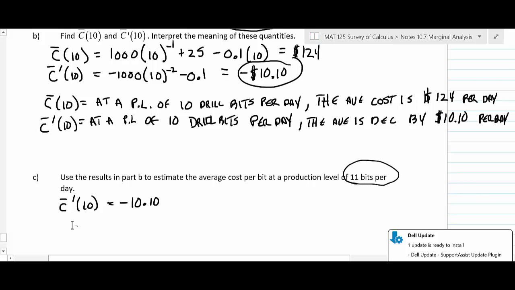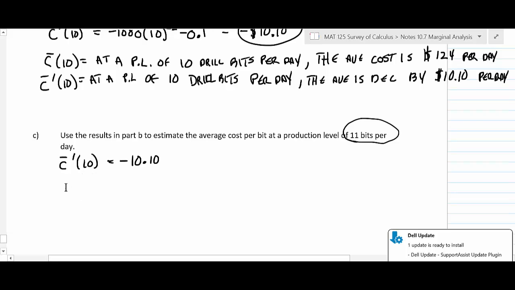Now remember, what you guys learned is that if you were doing the marginal cost, it approximates what? The exact cost of what? Okay, that's what we learned a little bit earlier in this section. Now we're talking about average, so it's no different. So this thing would approximate this.